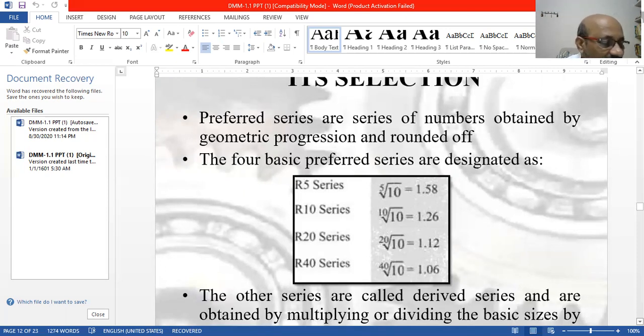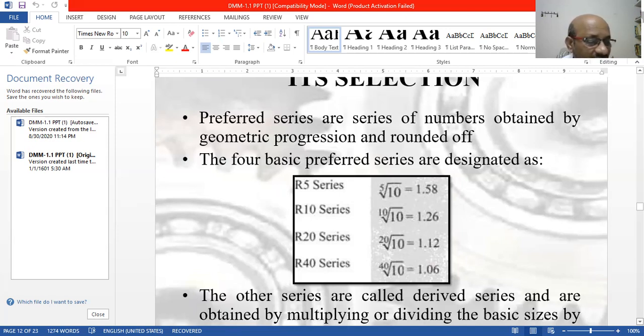So these preferred numbers, R5, are 1, 1.6, 2.5, 4.0, and 6.3. So they are designated as preferred numbers, and there is one code for them.